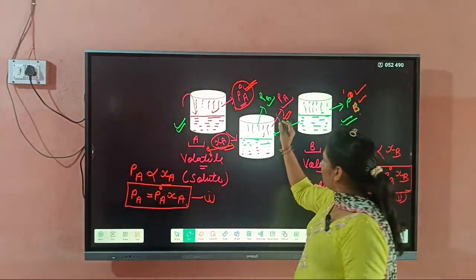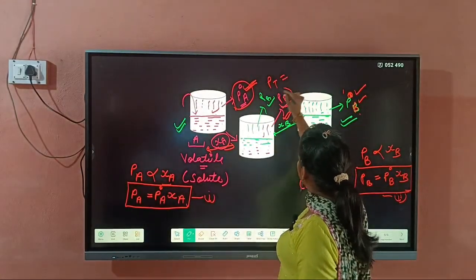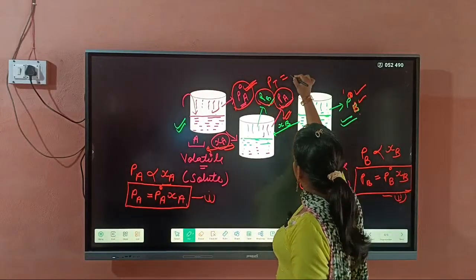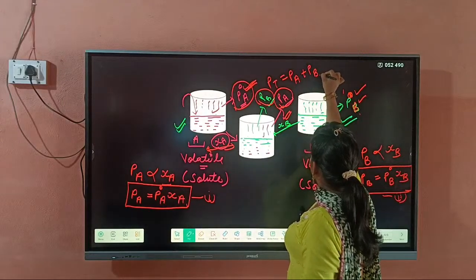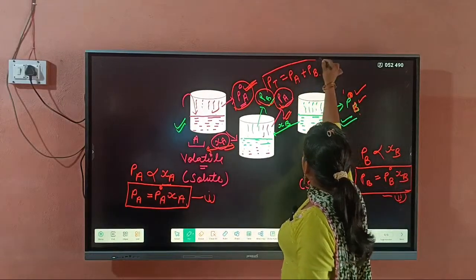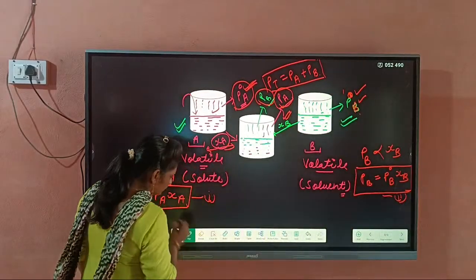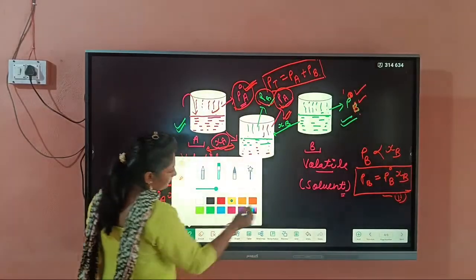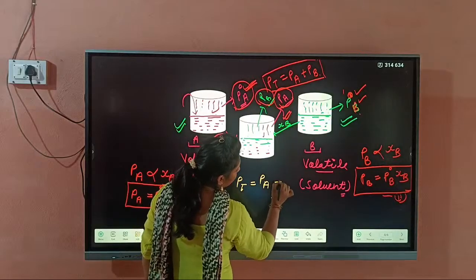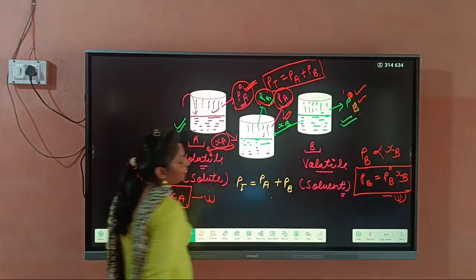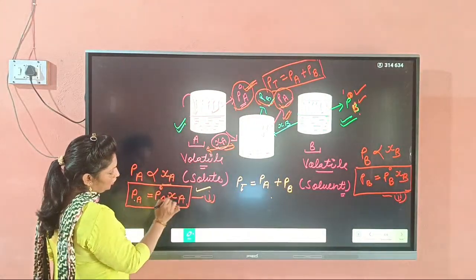Okay, so here the total pressure PT is equal to the pressure exerted by A plus the pressure exerted by B. So PT is equal to PA plus PB. According to equation 1, PA is equal to P naught A XA.